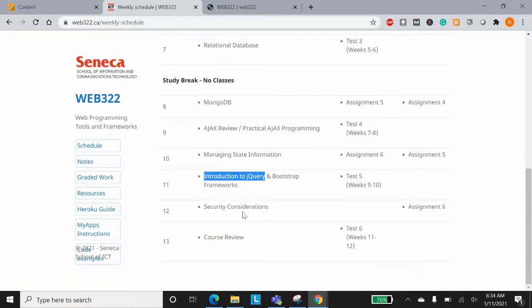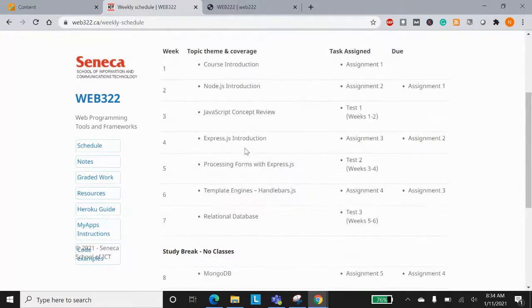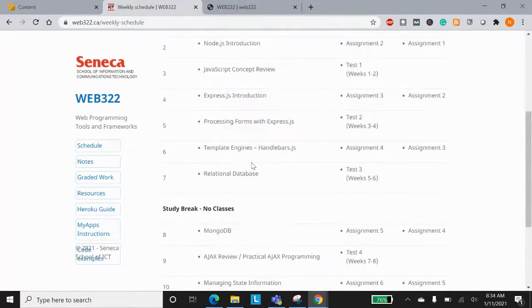So we'll be discussing the security considerations as well, and that will give us a sense of how to make robust, secure applications, which can be called professional applications because they are secure from everything. And then we have a course review in the last one. So this is the overview of the general schedule of the course.